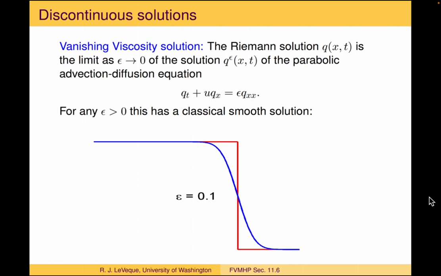Even if you start with discontinuous initial data, it smooths out immediately. But as you let epsilon go to 0, the sharpness increases, and so you can look at the discontinuous solution as being the limit of this viscous solution, the vanishing viscosity limit, which will also be a very useful way to look at things when we talk about shock waves.